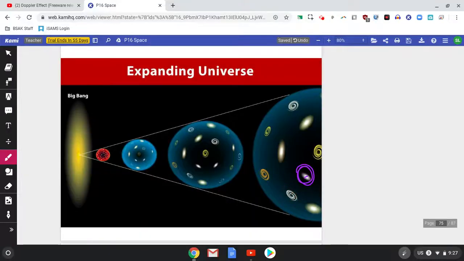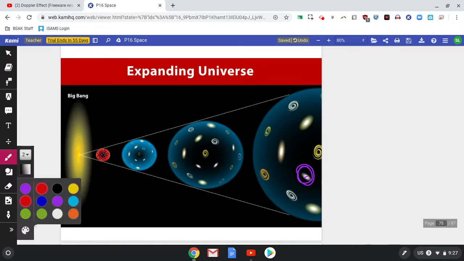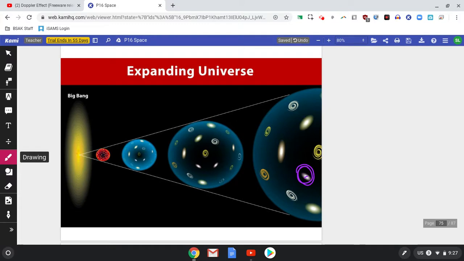Now, if the light is all redshifted from these galaxies, the only conclusion is that all these galaxies are moving away. They must all be moving away from us. Now, if they're all moving away from us, it's because the whole universe is expanding.